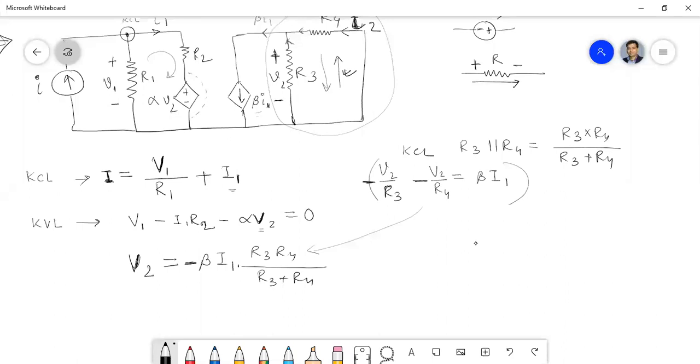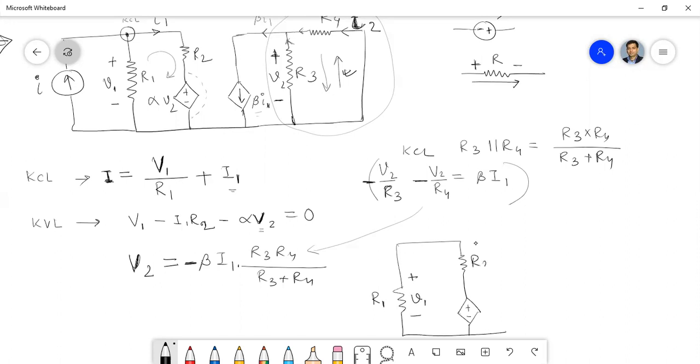Okay. Can you draw the other circuit? In that, you have to consider the voltage source and you have to keep the independent current source open. So here that will be R1. Okay, and across this, a voltage is already defined, that is V1.